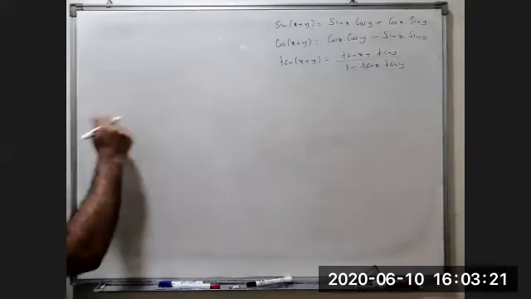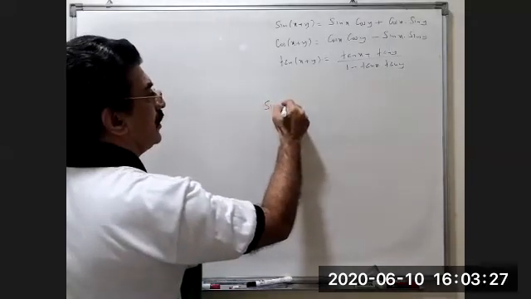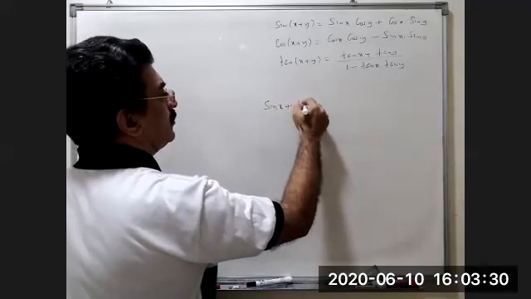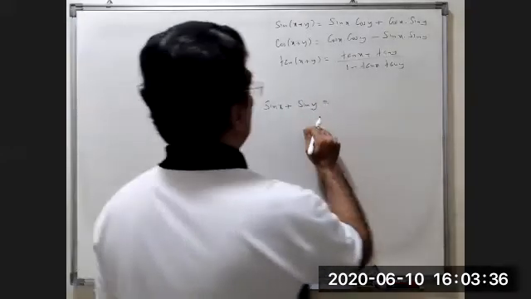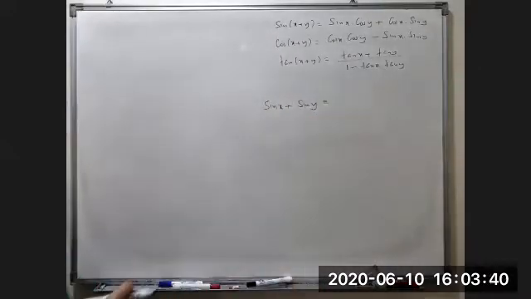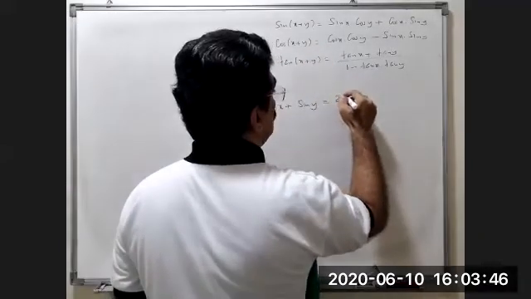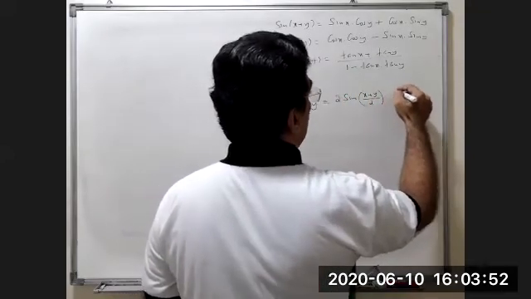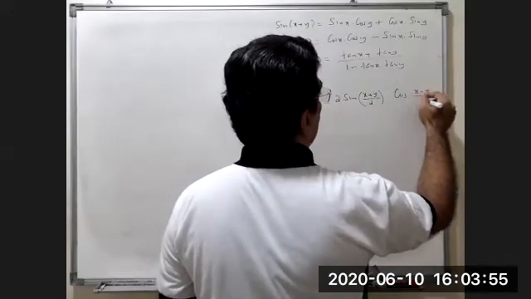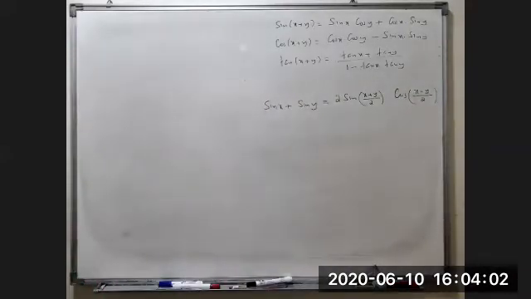See, sin x plus sin y is 2 sin (x plus y) by 2 into cos (x minus y) by 2.